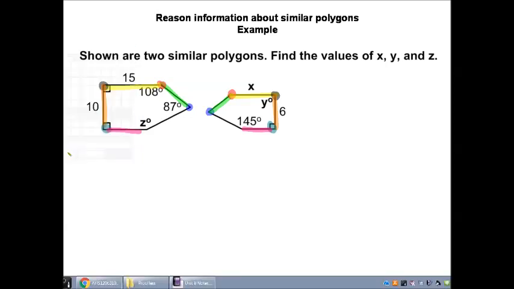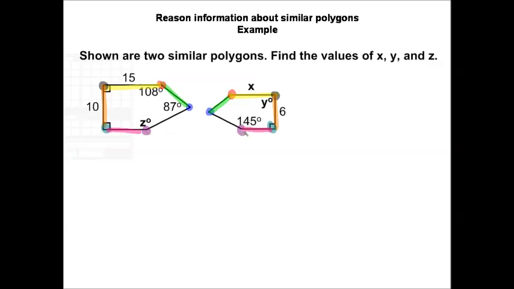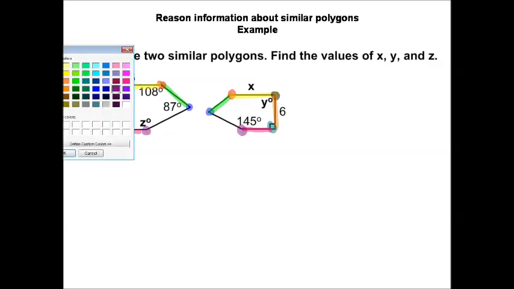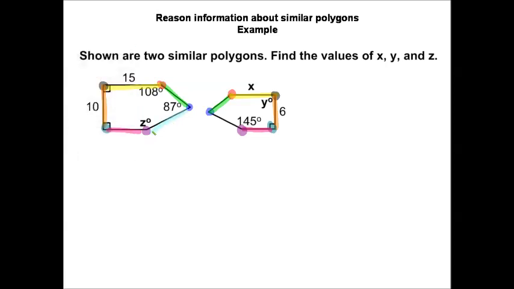This angle is the same as this angle. And then finally, baby blue. That goes with that. So basically, I started with the most pointy part and then moved around to match everything up. Now that I've matched everything up, I can start to answer the questions.